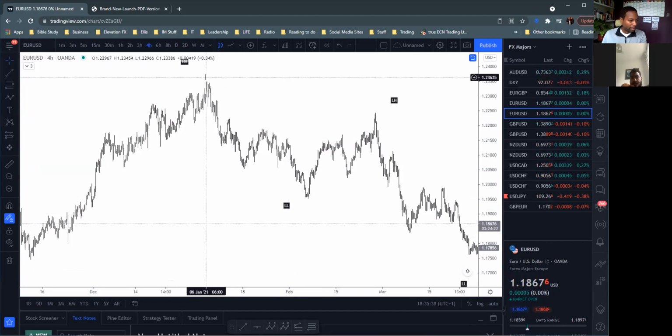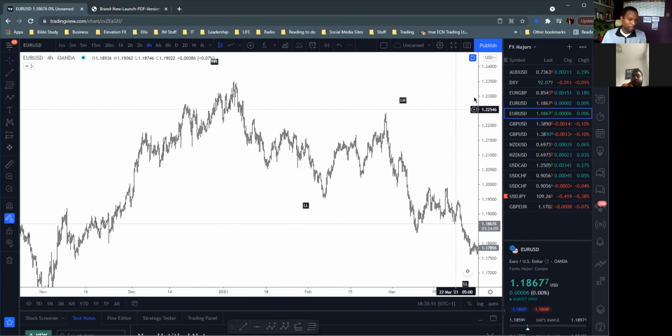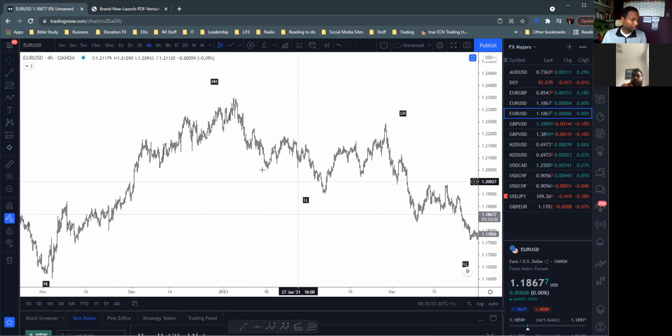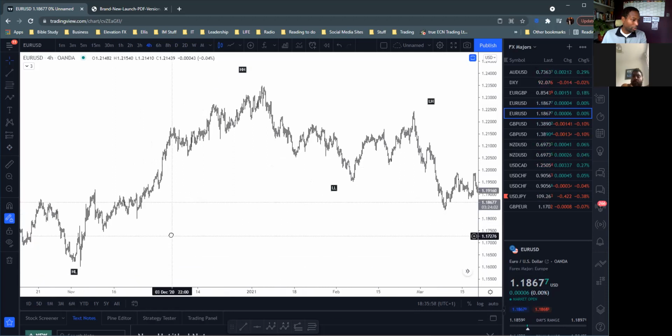We see a peak. And really importantly, what we see here is that the first drop comes a little bit below, it's not a lot, but it comes below the last higher low. On the lower time frames, there's lots of higher lows in here. You could put lots more in.